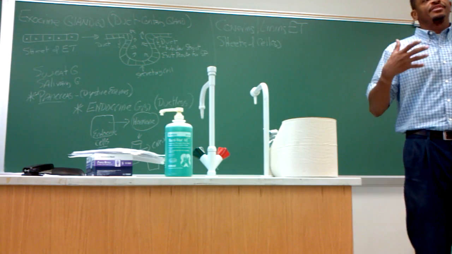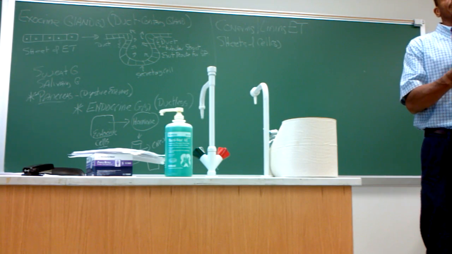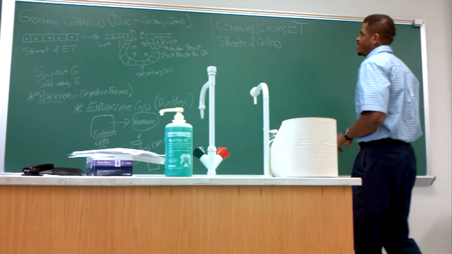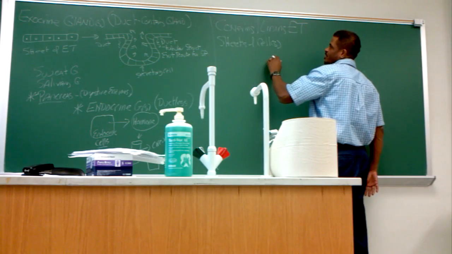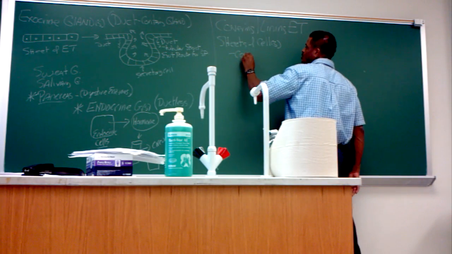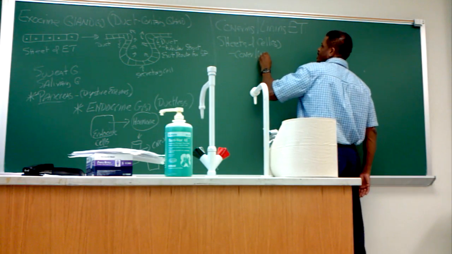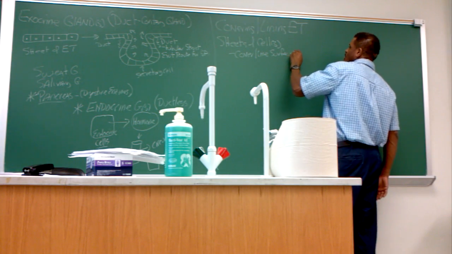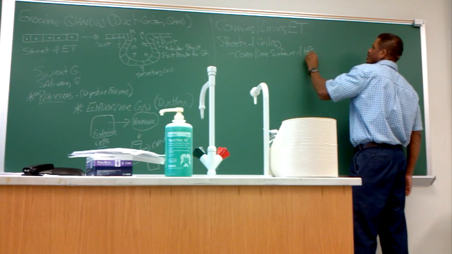This attaches adjacent cells together to form tissues, and they will cover the surfaces of our body. So structure consists of sheets of cells that cover and line the surfaces of the body. So very straightforward.